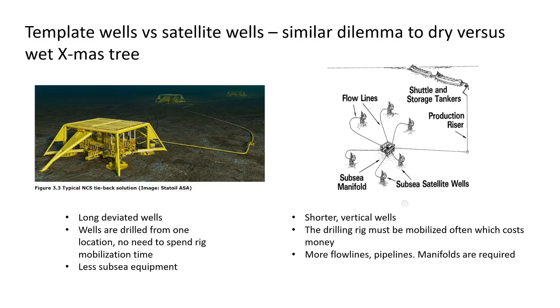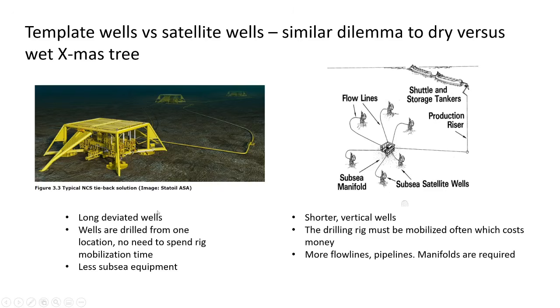So how to decide between template wells and satellite wells is a dilemma similar to dry versus wet. Here wells are drilled from the same location, so they have to be deviated, but there is no need to spend rig mobilization time, and they are cheaper. Also there is less subsea equipment because you don't need the subsea distribution unit.